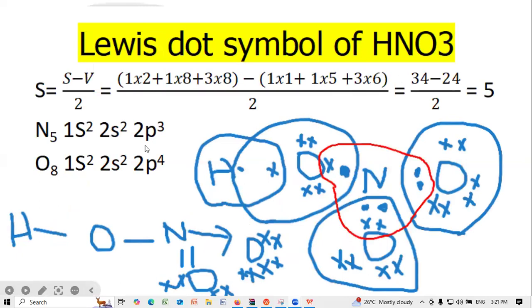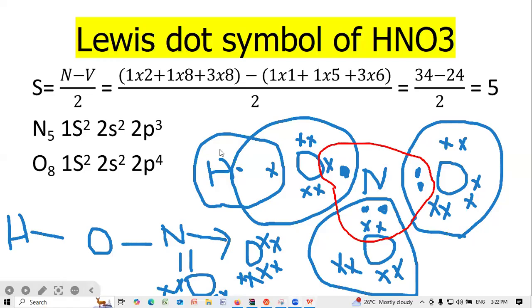In the case of nitric acid, S equals (N minus V) over 2.